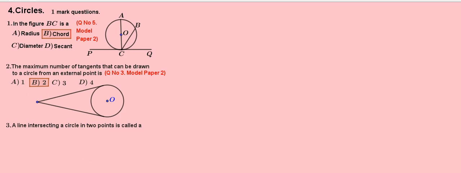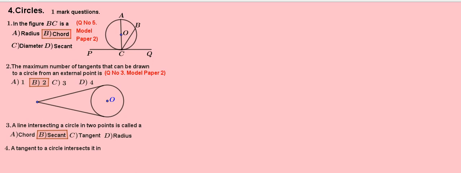Question number 3. A line intersecting a circle in 2 points is called option A chord, option B secant, option C tangent, option D radius. You know it is secant. Question number 4.